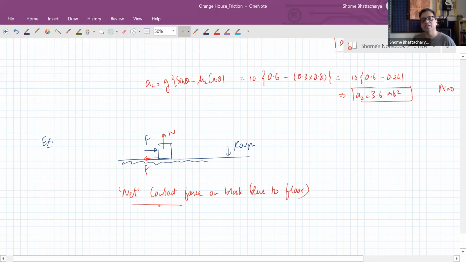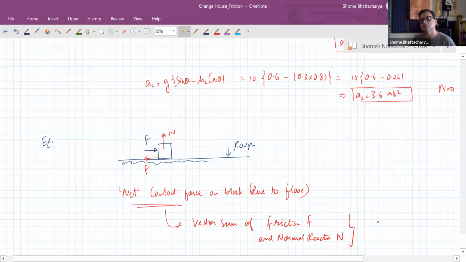So this net contact force is basically what? It is the vector sum of friction and normal reaction. Because these are both contact forces.